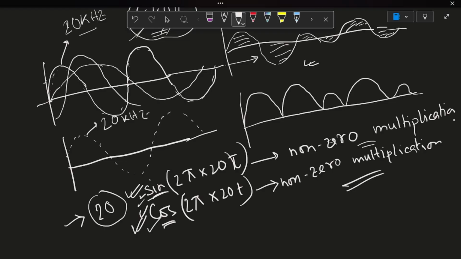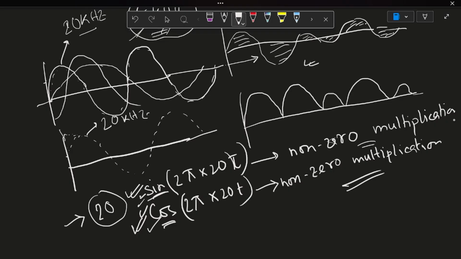Because if your data is starting from here, and you are only considering the sine wave, and your original data looks like a cosine wave, then if you multiply it with the sine wave, your value will be 0.